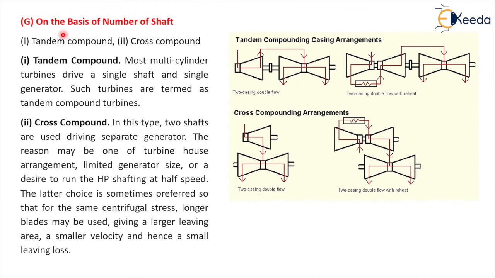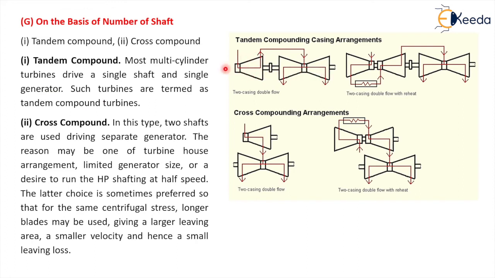Let's see the next classification on the basis of number of shafts. There are two types of steam turbine on the basis of number of shafts, that is tandem compound or cross compound. In tandem compound, most multi-cylinder turbines drive a single shaft and single generator. You see here, this is a turbine and this is a turbine.